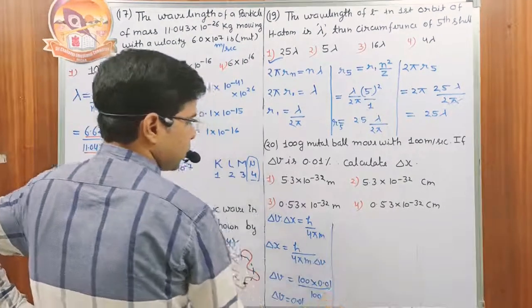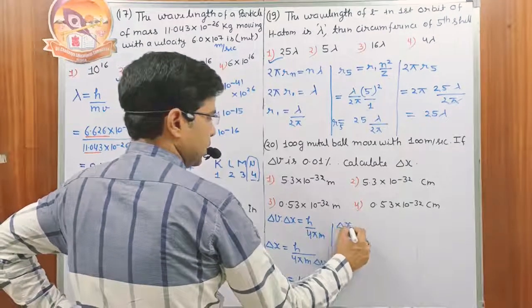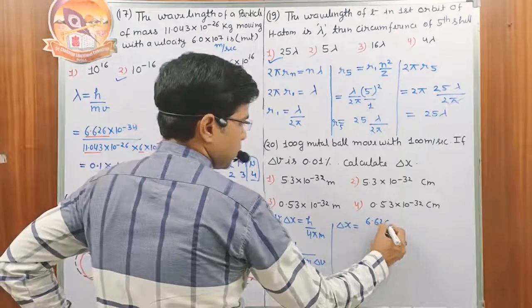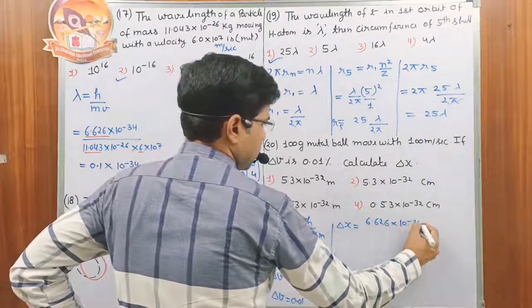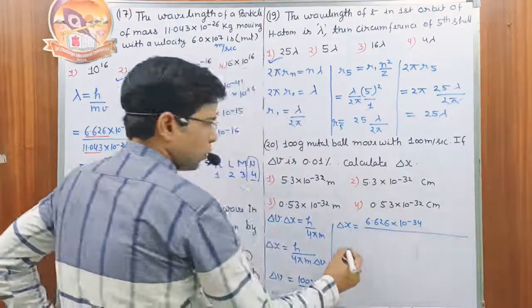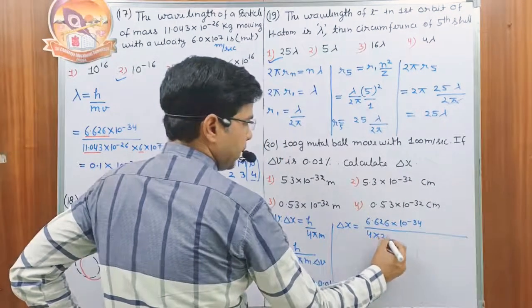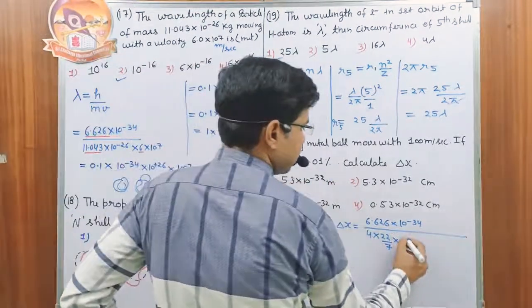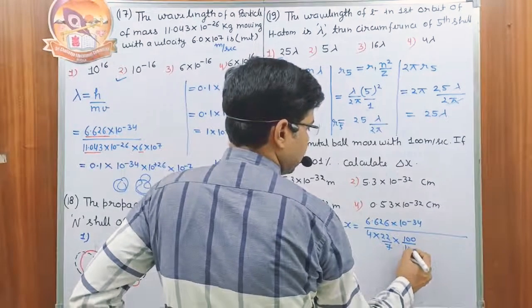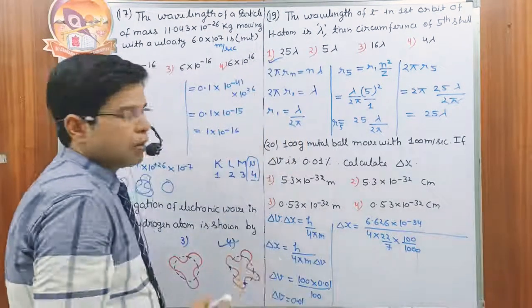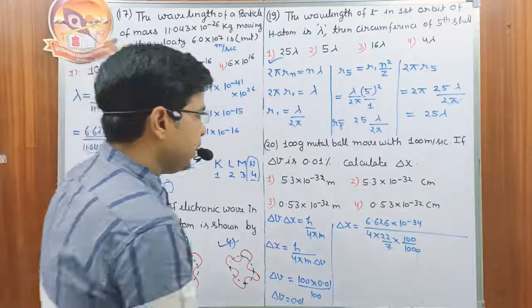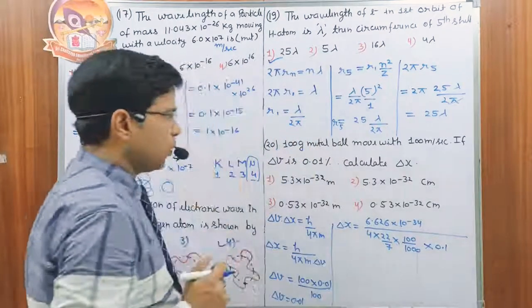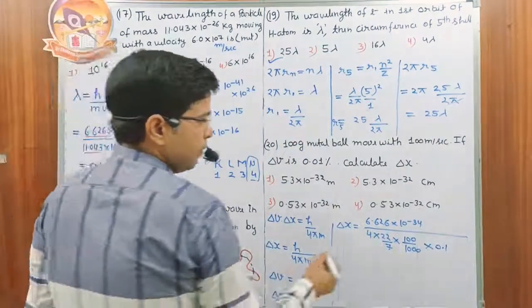Now delta x is h, 6.626 into 10 to the power minus 34, divided by 4 into pi into m. M is given as 100 gram, but we have to find it in kg because we are using the MKS unit now, divided by delta v. Delta v is 0.01.